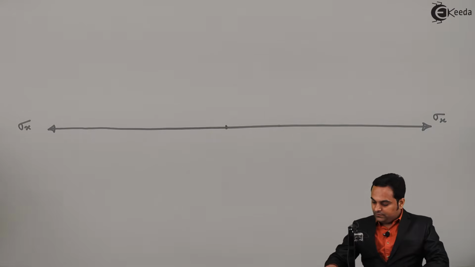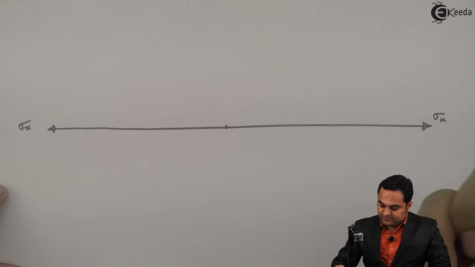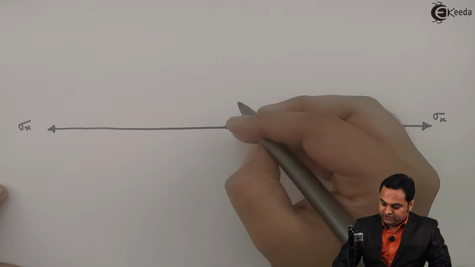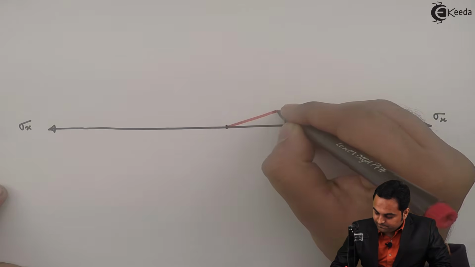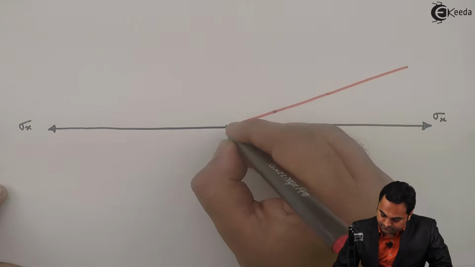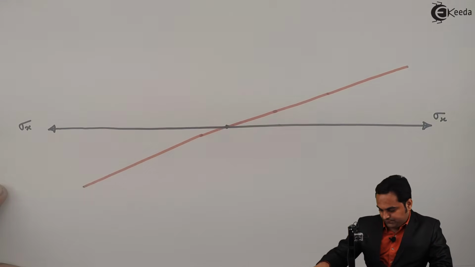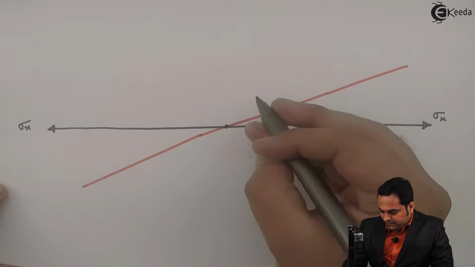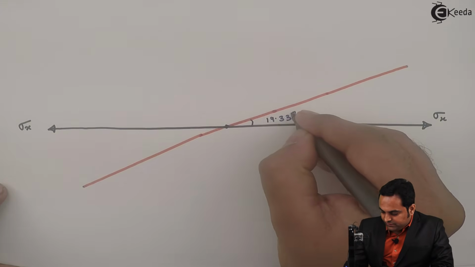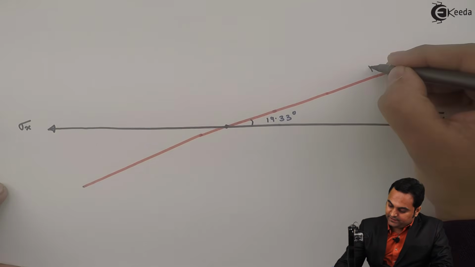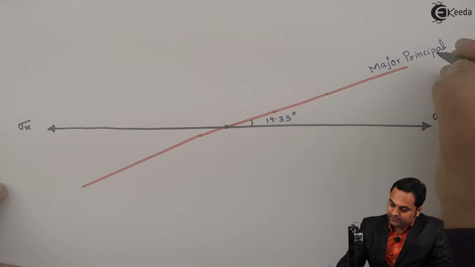So here I am taking an arbitrary angle, just by judgment, an angle of 19.33. Now this angle has a value of 19.33 degree, and this is my major principal plane.